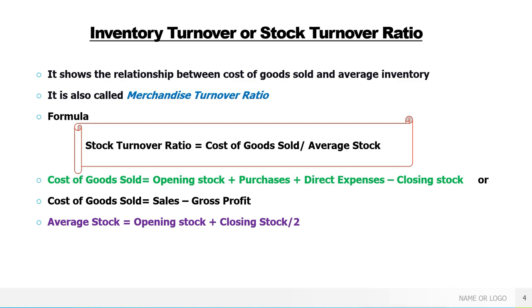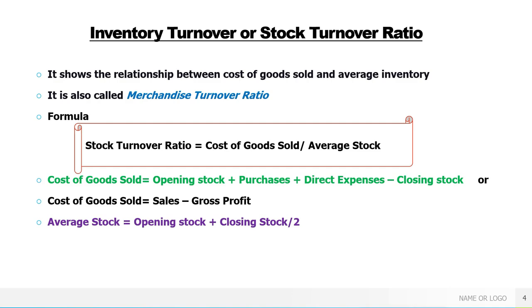Let us learn the term inventory turnover ratio. The inventory turnover ratio shows the relationship between cost of goods sold and the average inventory. It is also known as merchandise turnover ratio. By using this formula, we calculate the inventory turnover or stock turnover. We know that inventory, or stock, is one of the current assets held by the company.